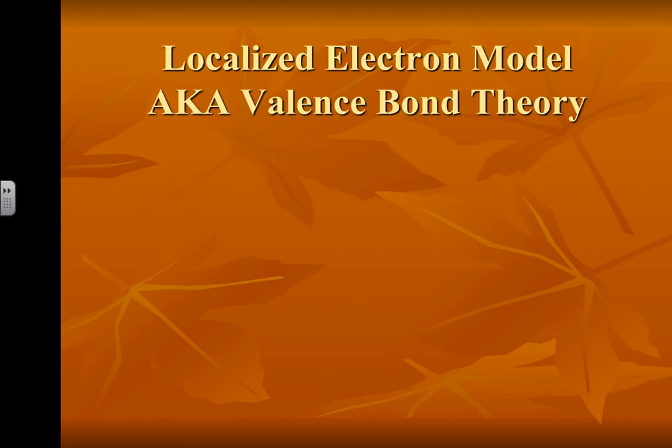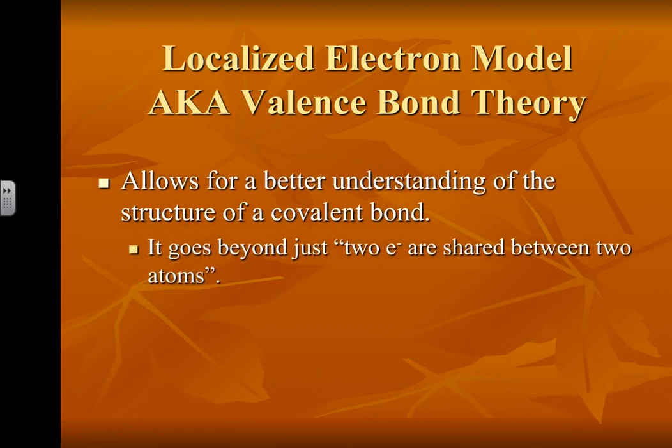Here we go. Okay, so what you have typically worked with is what's called the localized electron model. It's also called valence bond theory, which are, again, just two ways to say the same thing. You know what this is, not by name, but because this is all you've learned. What we've learned so far is that in terms of covalent bonding, there are two shared electrons between two atoms, right?